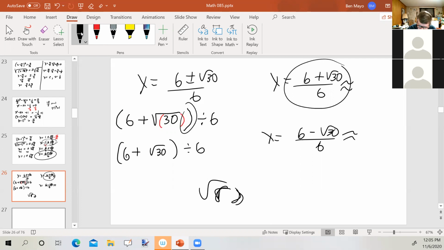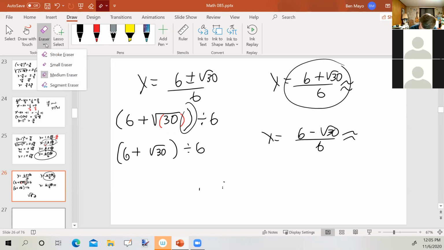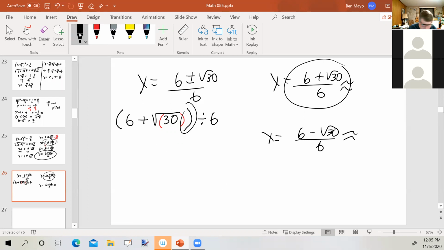Okay. And we're going to go through that right now. If you have a calculator with you, we'll see what the correct answer would be. So I've got parentheses 6 plus the square root of 30.